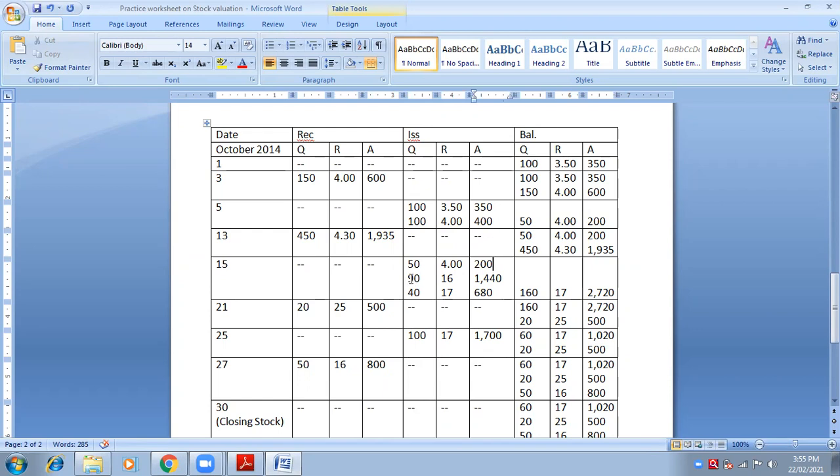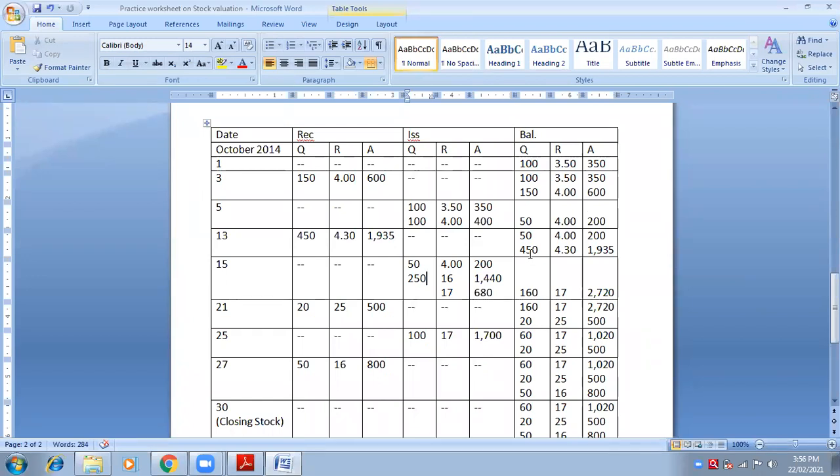So how many units more are to be issued? 250 units. Very good. But before writing this 250, you have to check whether in the next slot, you have that 250 in your pocket, in your balance. See, balance is your pocket. If you have 450 rupees in your pocket, will you be able to take out 250 rupees to spend?